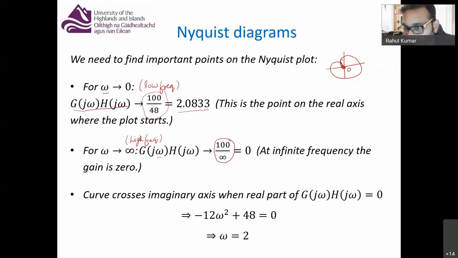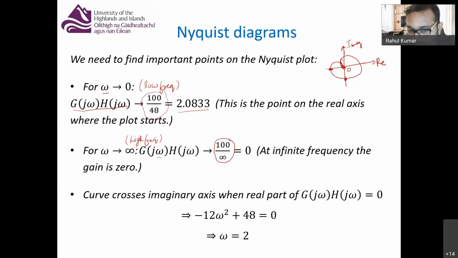Now if you look at the Nyquist diagram, it is cutting the real and the imaginary axis at some points. We have to find these values, where it will cut the real axis and where it will cut the imaginary axis, right?